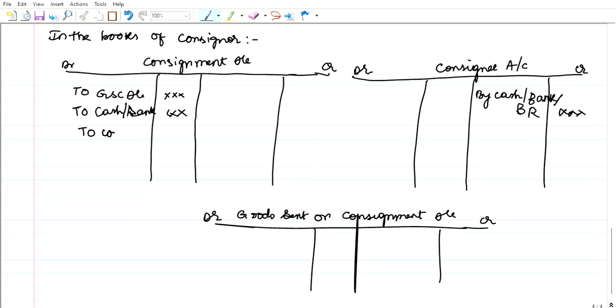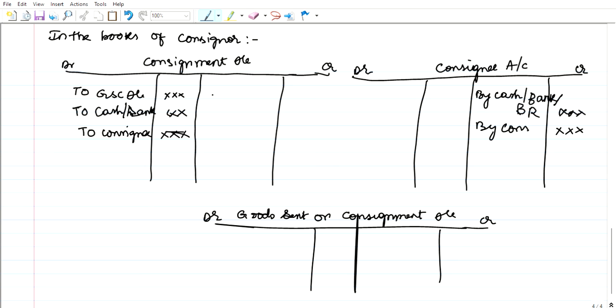We write the entry to consignee, and here in the consignee account we write by consignment account.